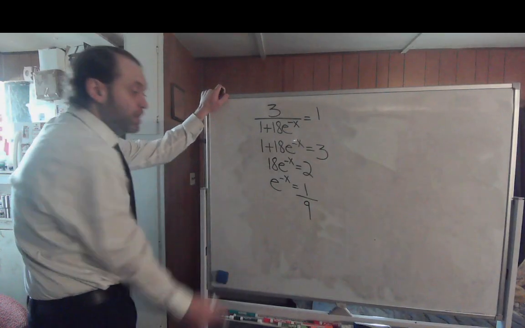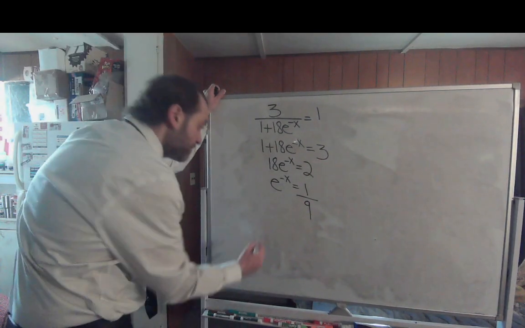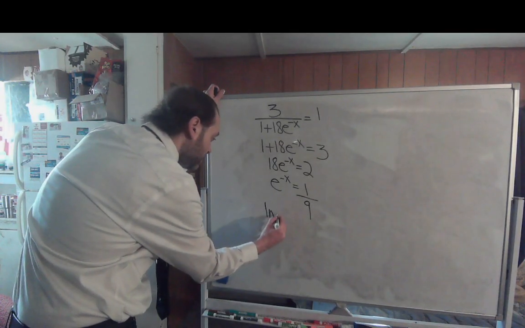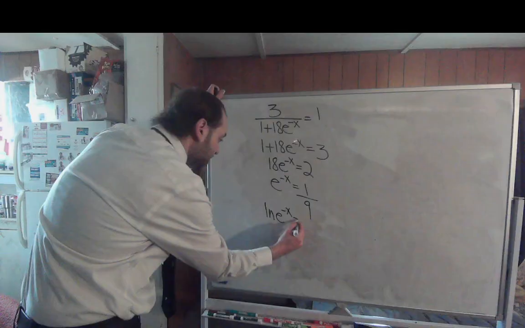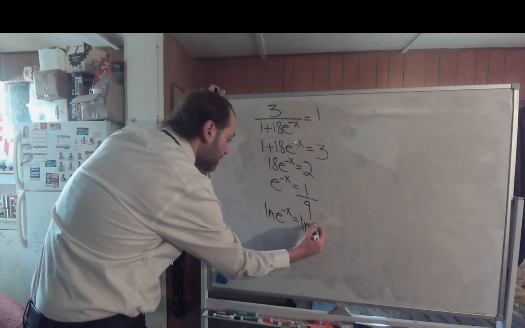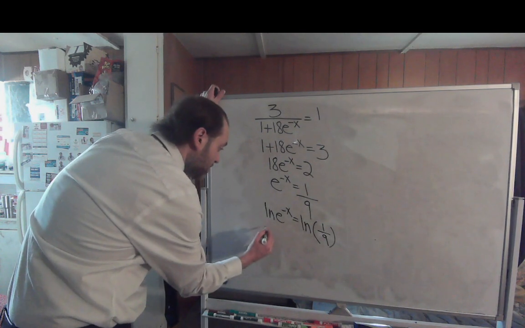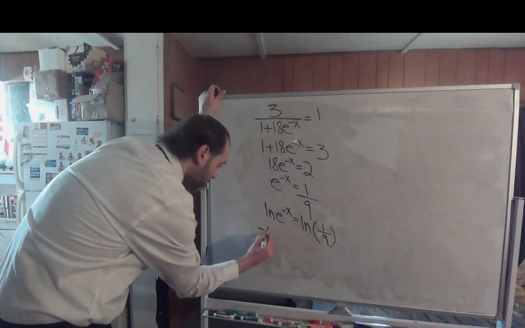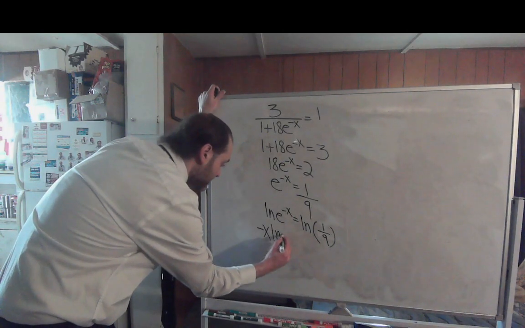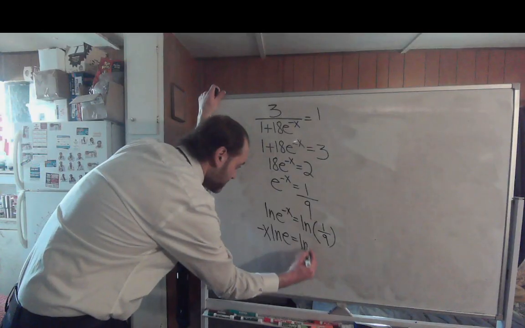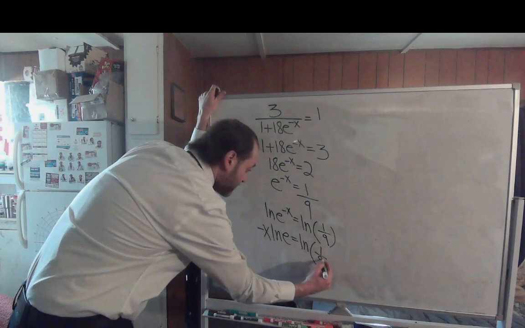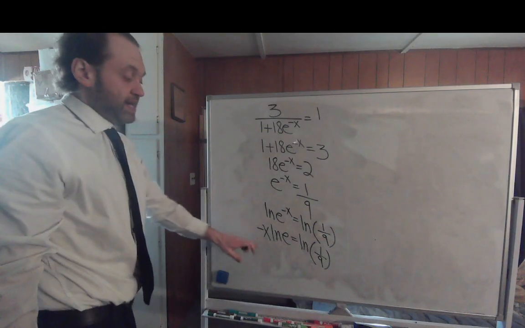So now we got to pull out the natural log tricks. So the natural log of e to the negative x equals the natural log of 1/9. So the left side you have a power rule. The negative x times the natural log of e equals the natural log of 1/9. Well, what is the natural log of e?